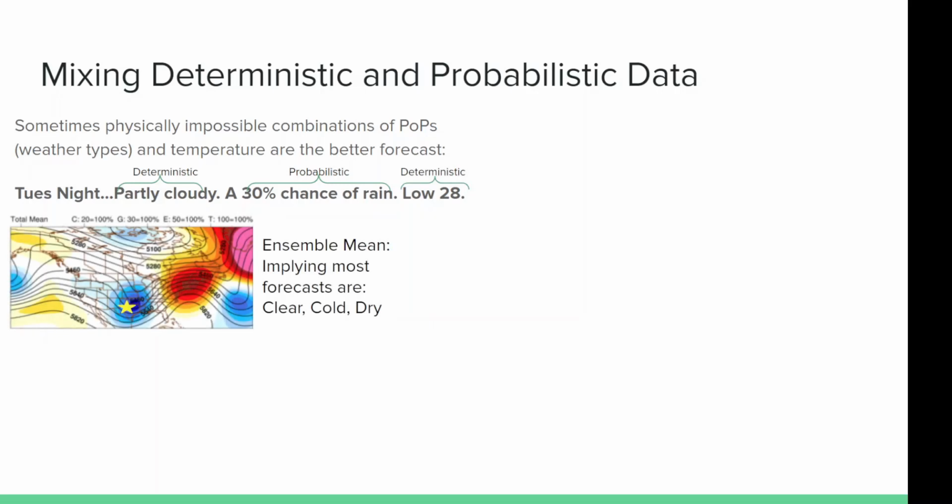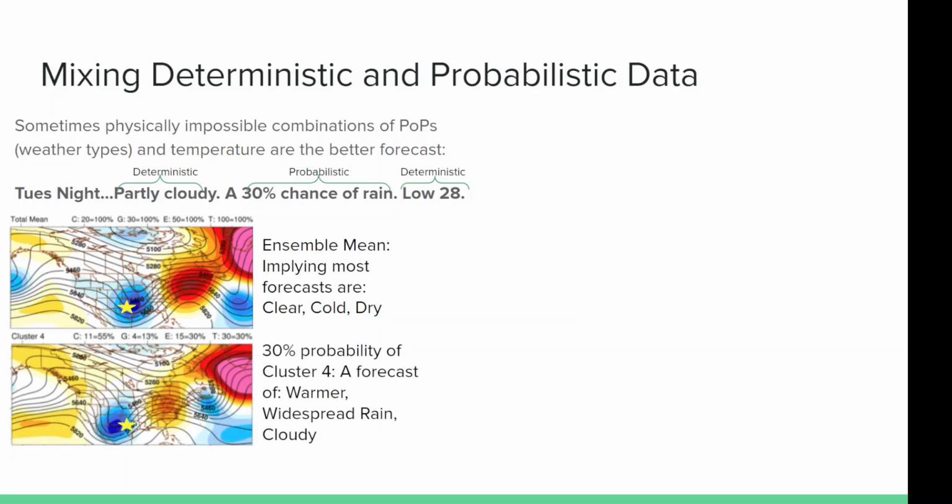If you see this ensemble mean of the Canadian, European, and GFS ensembles, they would imply that the most likely forecast for the Dallas area is a clear, cold, and dry one, being in the wake of the upper trough. However, there is one cluster that comprises 30% of the ensemble solutions that is forecasting warmer temperatures with widespread rain.